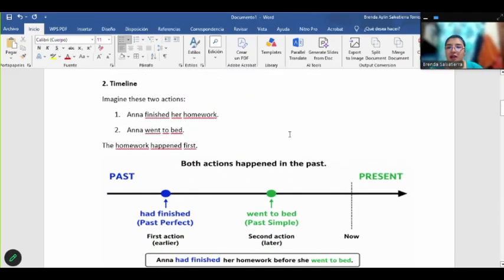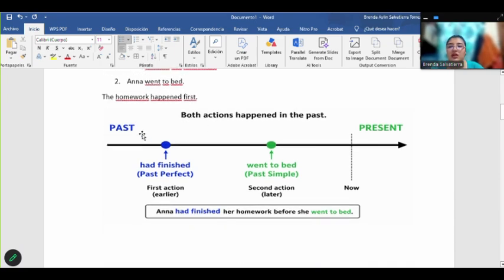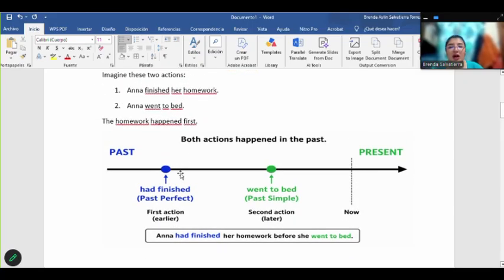Okay. The timeline. Imagine these two actions. Anna finished her homework. Okay, she finished her homework. Anna went to bed. Okay, both actions are in the past. Finished, went, right? But the homework happened first. So since this action happened before the other action, went to bed, then this action has to be in past perfect.